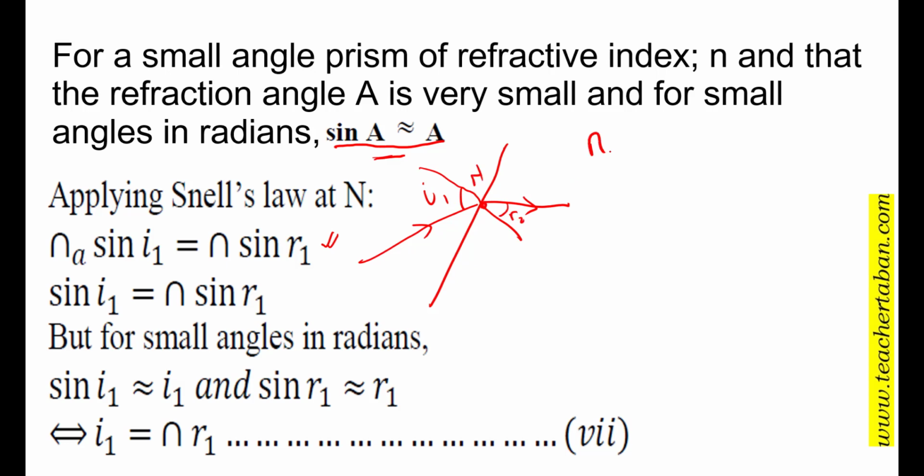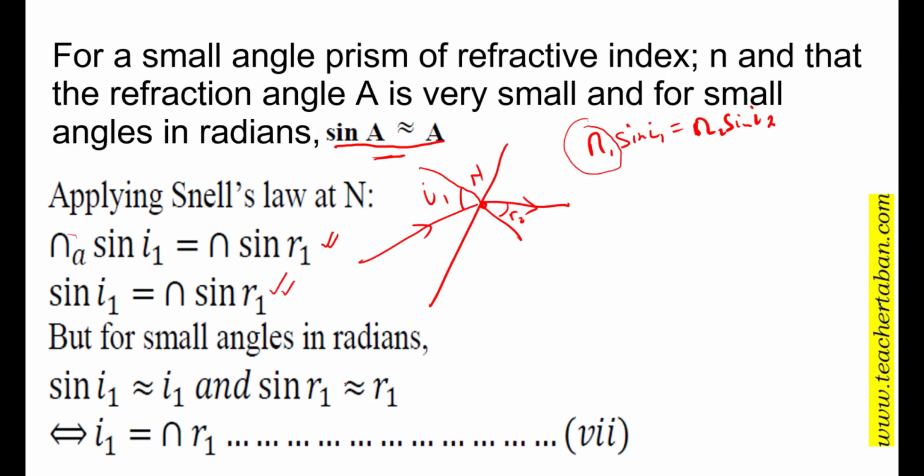So from Snell's law in this format here, our N1 is for air, so it is equal to 1, always remember. So in case we substitute that into our expression, we shall have this.